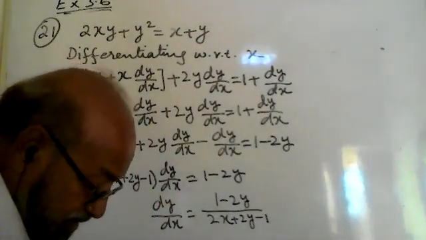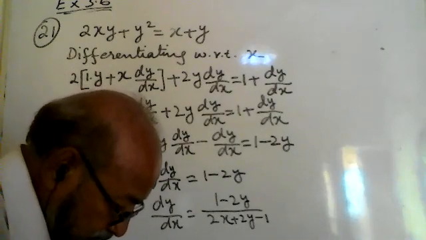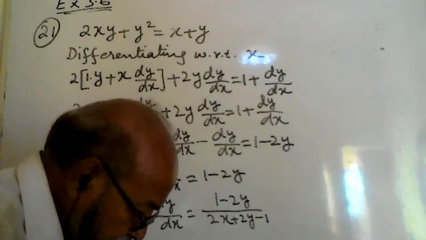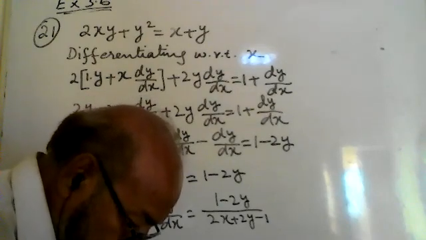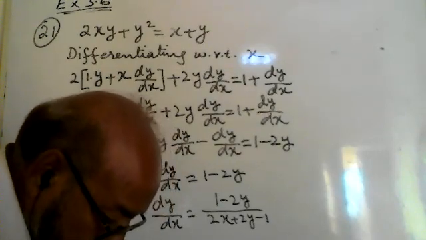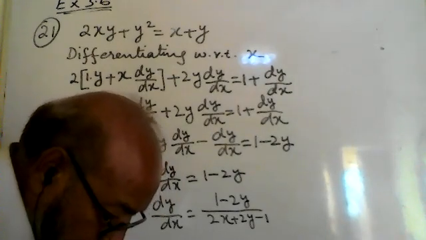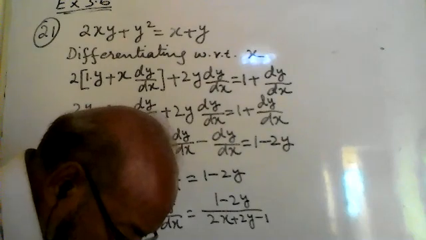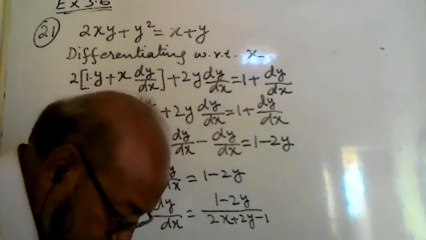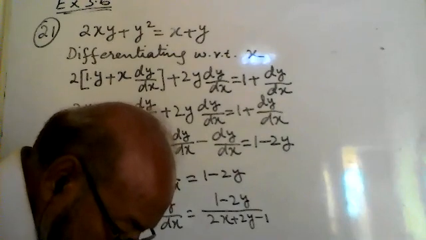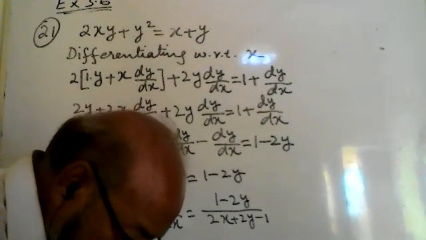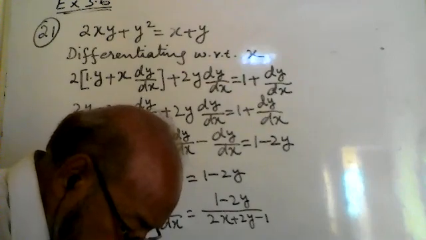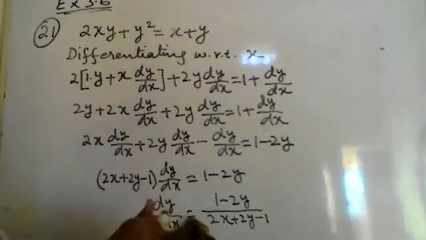This is question number 45 of the same exercise, or question number 47. We will do question number 47 of the same exercise. Find the equation of the tangent line and normal line.